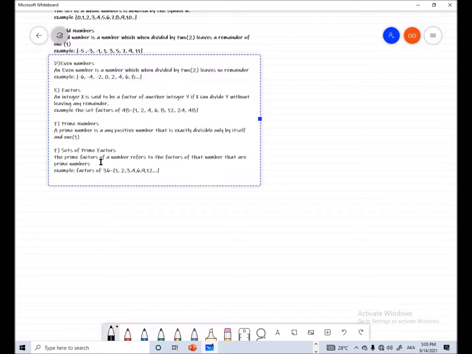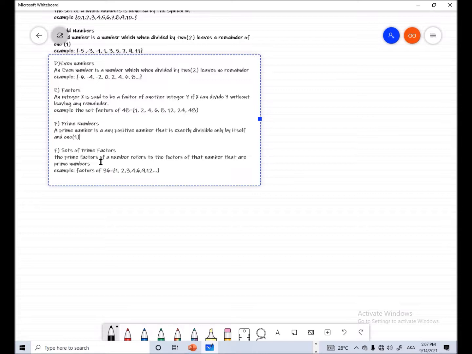A set of prime numbers, or prime factors, is a set whose members are prime numbers.